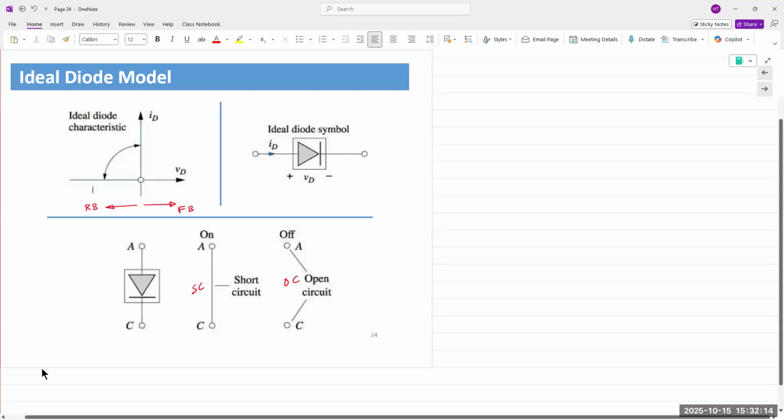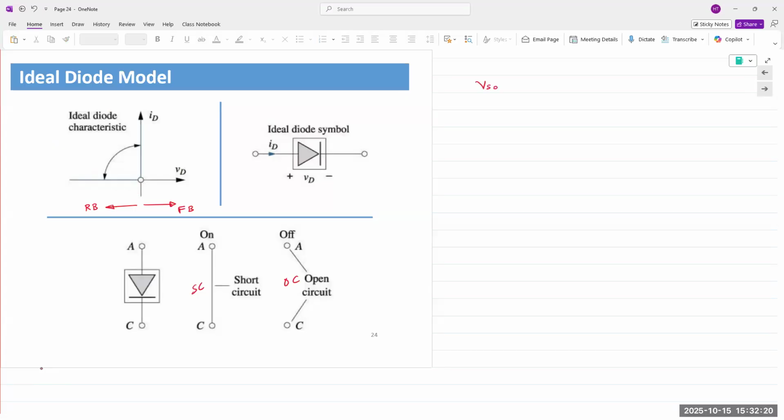So let me write it out. Let's say you apply a source voltage. Source voltage is greater than 0 volts. Diode turns on. Diode is forward bias. We say the diode is on. You replace it with a short circuit.